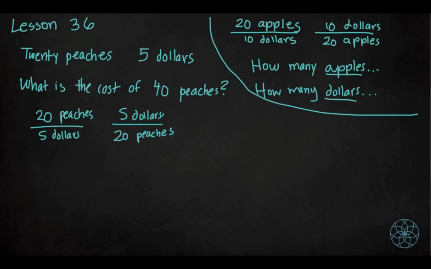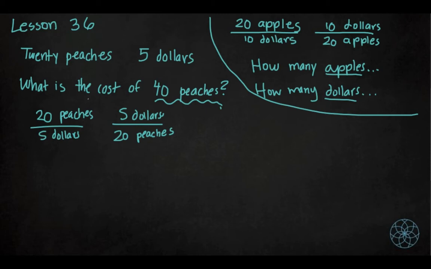So sometimes you'll have questions phrased, what is the cost? Sometimes you'll see questions phrased, how many apples, how many peaches, how many dollars? But what you're looking for is that key word in that question. So what are you solving for? Well, you already know how many peaches you want, so that's not what we're solving for.